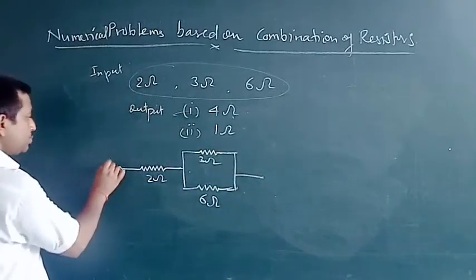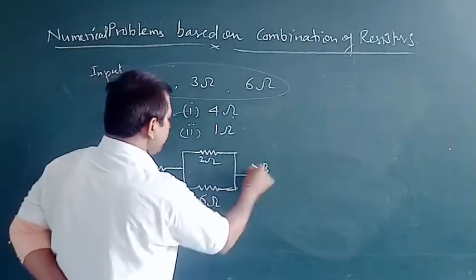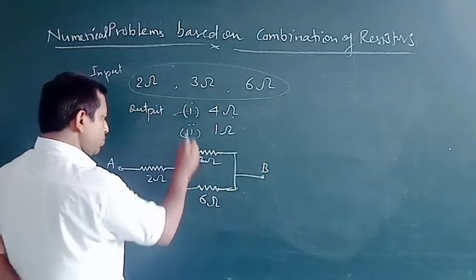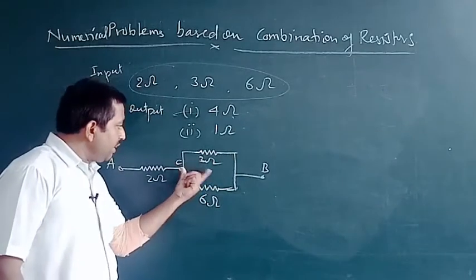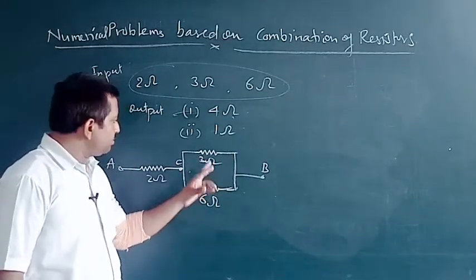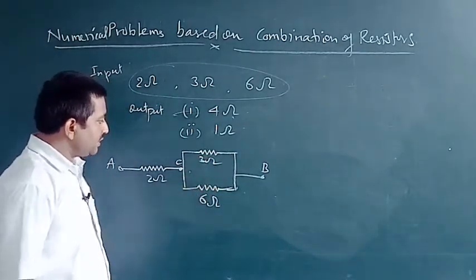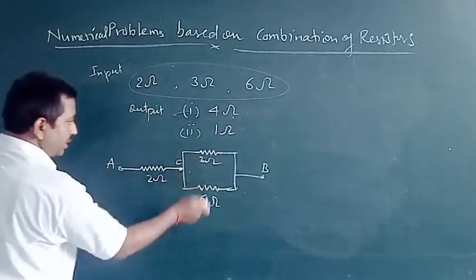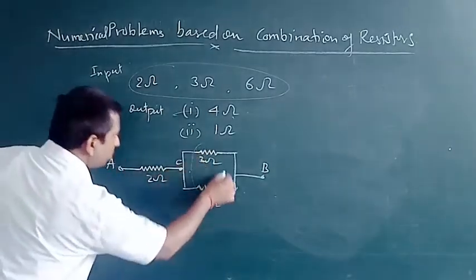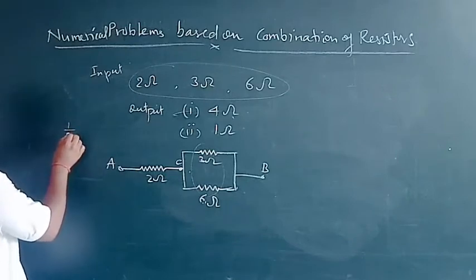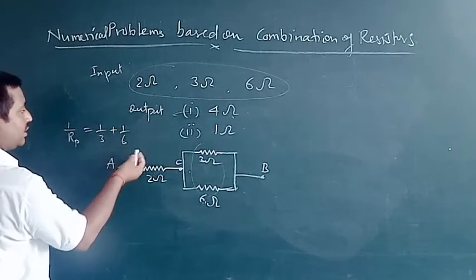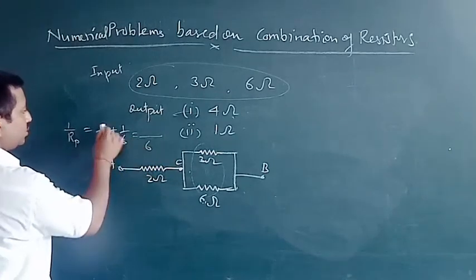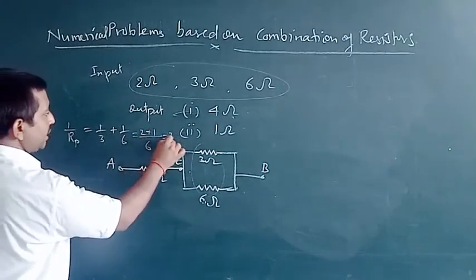If this point is A and this one is B, and we take this point as C, then what will be the equivalent resistance between C and B? This becomes 1 upon 3 plus 1 upon 6. For the parallel combination Rp, 1 upon Rp equals 1 by 3 plus 1 by 6, that is equal to (2 plus 1) by 6, it means 3 by 6.